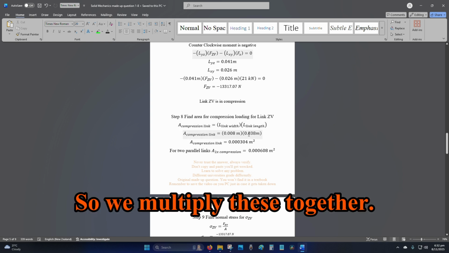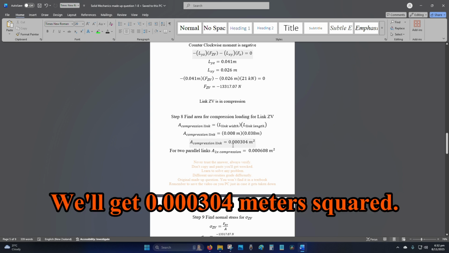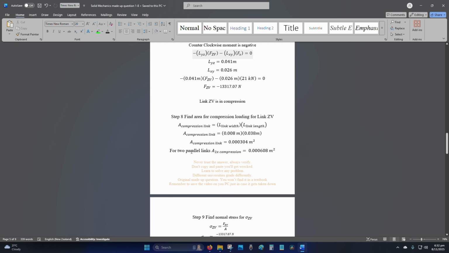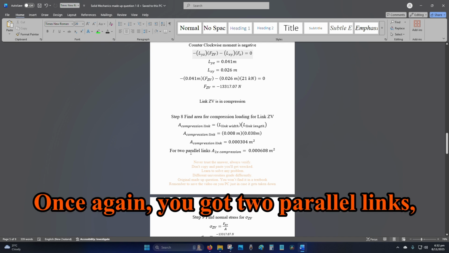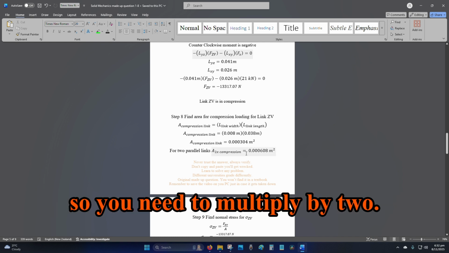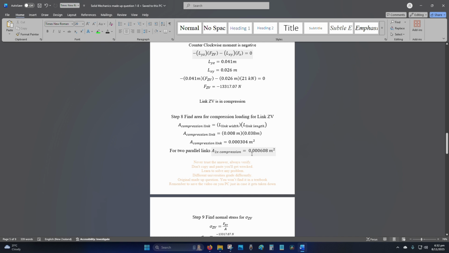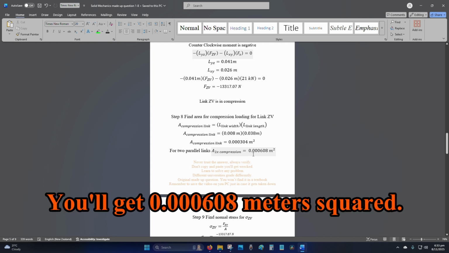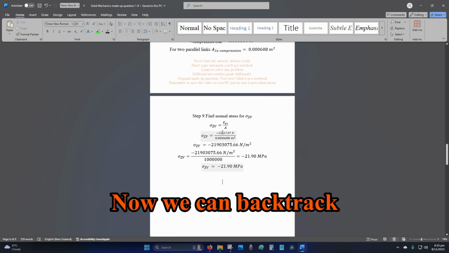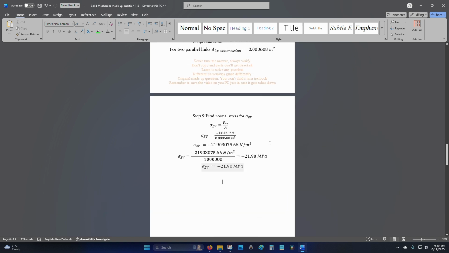So we multiply these together, and we'll get 0.000304 meters squared. Once again, you've got two parallel lengths, so you need to multiply by 2. You'll get 0.000608 meters squared.